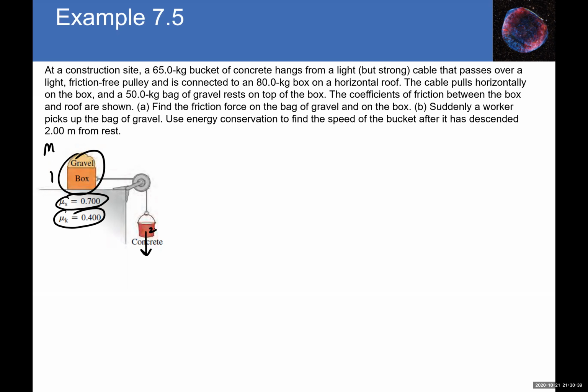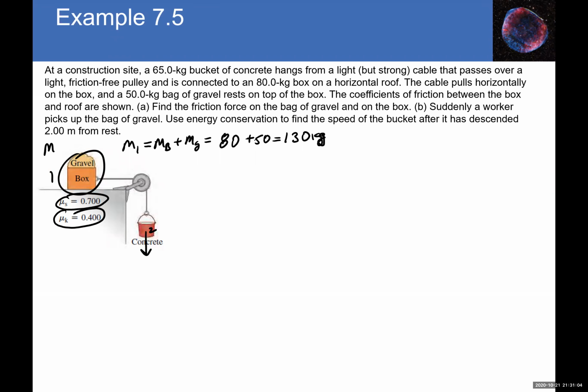Probably easiest like this. So now here's what I have. Mass of object 1 is equal to the mass of the box plus the mass of the gravel, which will be 80 kilograms for the box plus the 50-kilogram bag of gravel, so 130 kilograms. That's my mass 1.